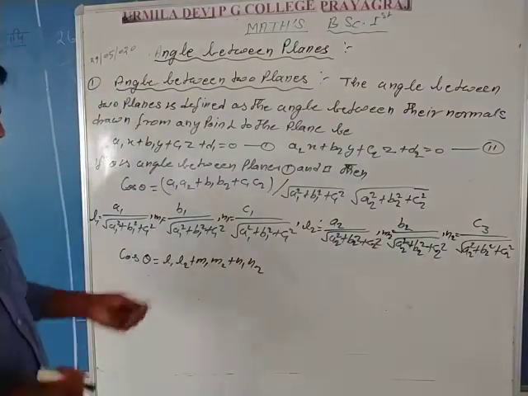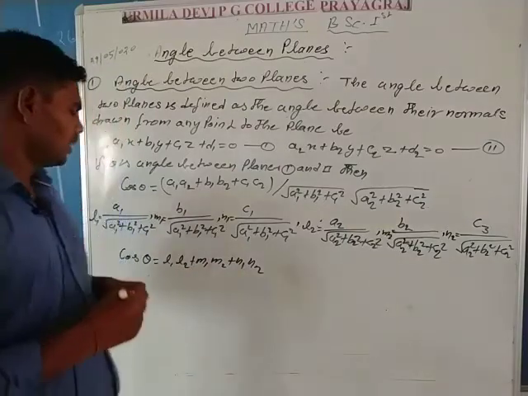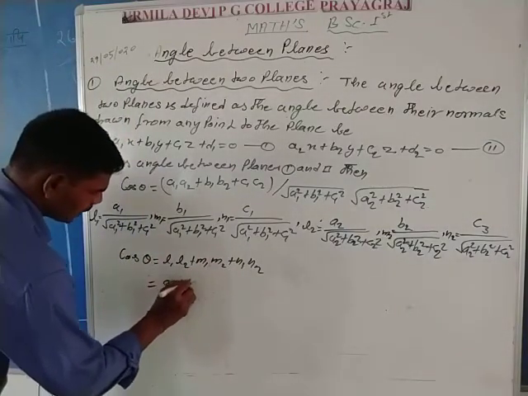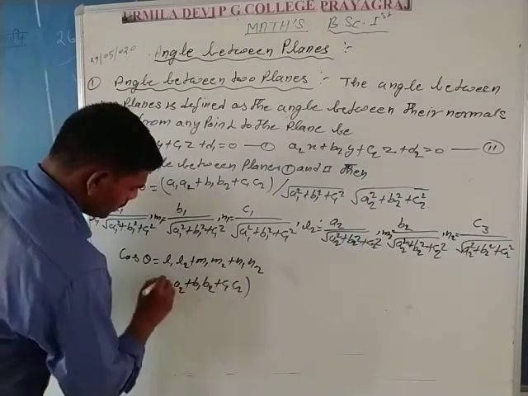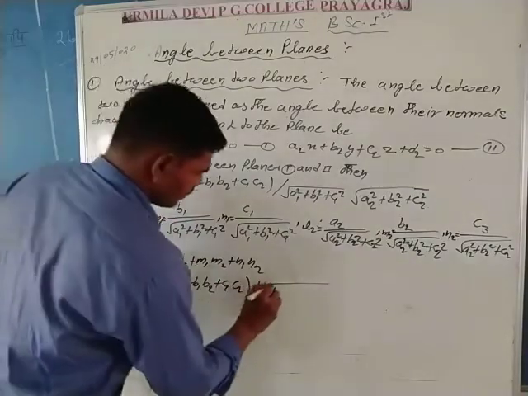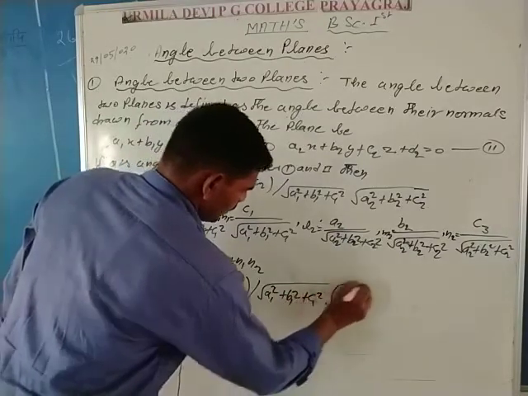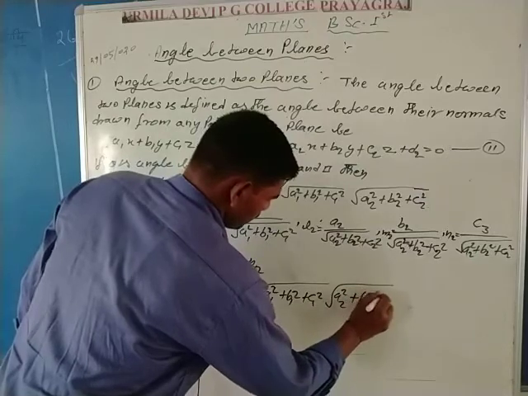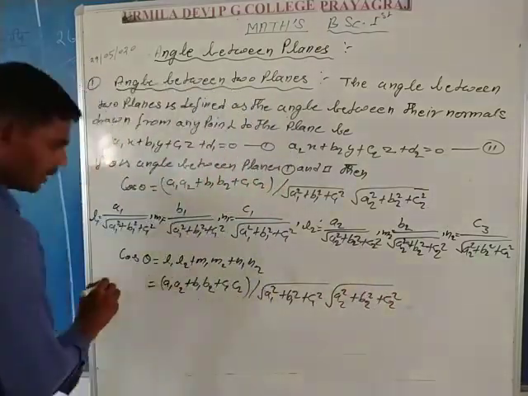Putting the values of l1, l2, m1, m2, n1, n2, then cos theta is equal to a1 a2 plus b1 b2 plus c1 c2 divided by under root a1 square plus b1 square plus c1 square times under root a2 square plus b2 square plus c2 square. This is the required angle.